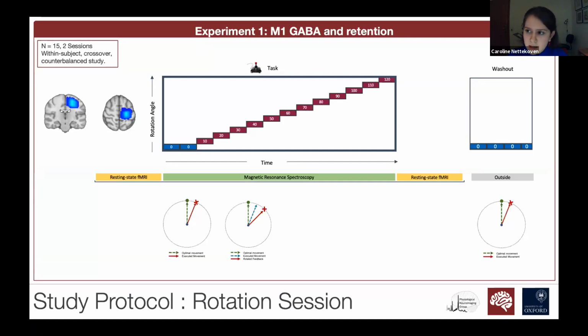And in order to see this kind of change in M1 GABA, you have to really give GABA time to catch up, so in a sense, drive the process throughout the whole time. So we really wanted to dissociate retention and adaptation here, and therefore wanted to be sure that we're driving adaptation for long enough for these changes to actually emerge.